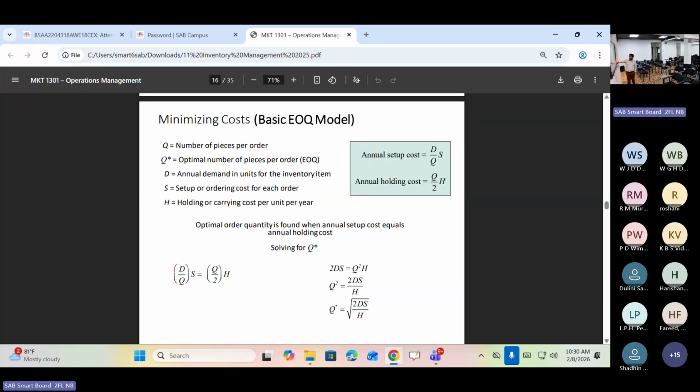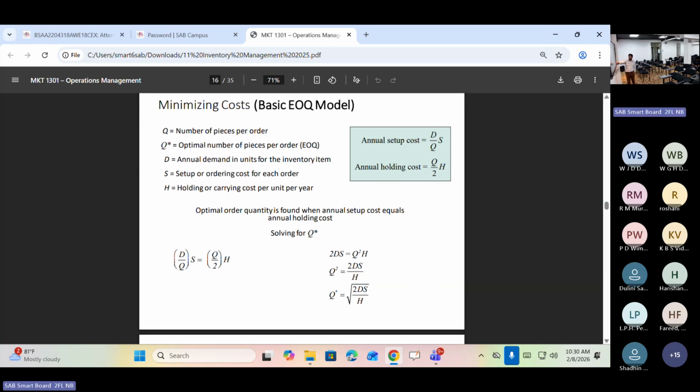So they identify at which point this happens. Accordingly, to calculate EOQ, we have this equation: square root of 2 times D times S divided by H.